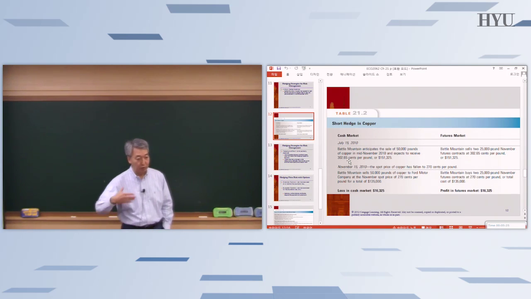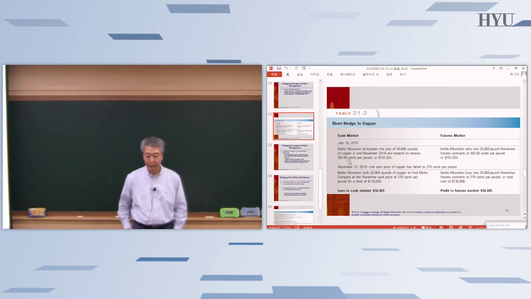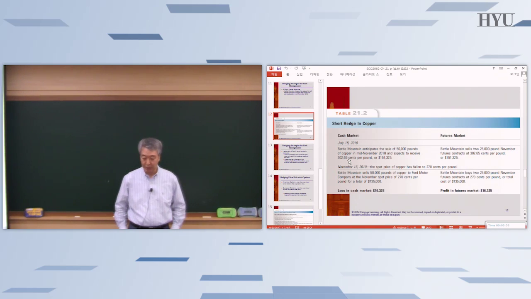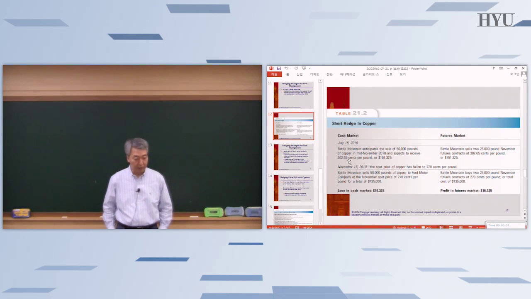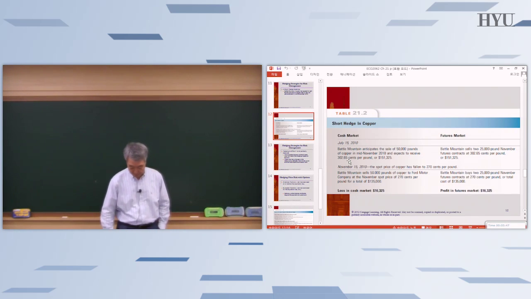But suppose price went up to 320 or 330, right? Then they still have to sell their copper, the 50,000 of copper at agreed upon price, even though market price is now 320 cents or 330, okay?